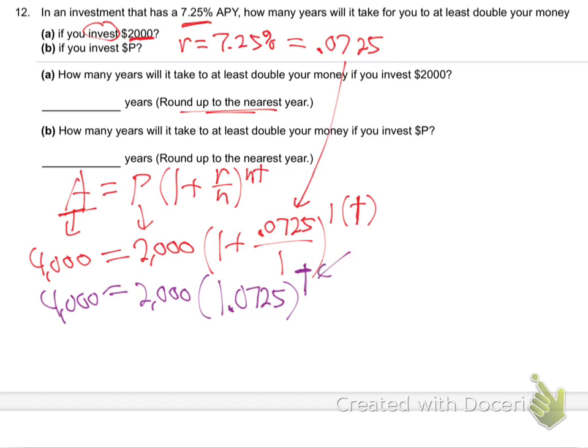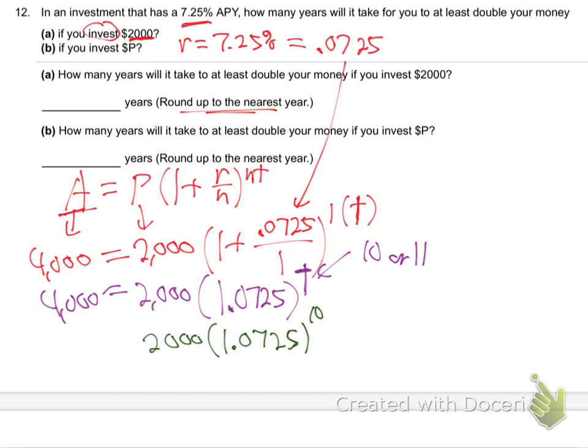What do we think the answer is? 10 or 11. So take your calculator and compute 2,000 times 1.0725 to the 10th, and see if it comes out 4,000 or bigger. If not, then do 11. We're trying to see if it'll double our money.